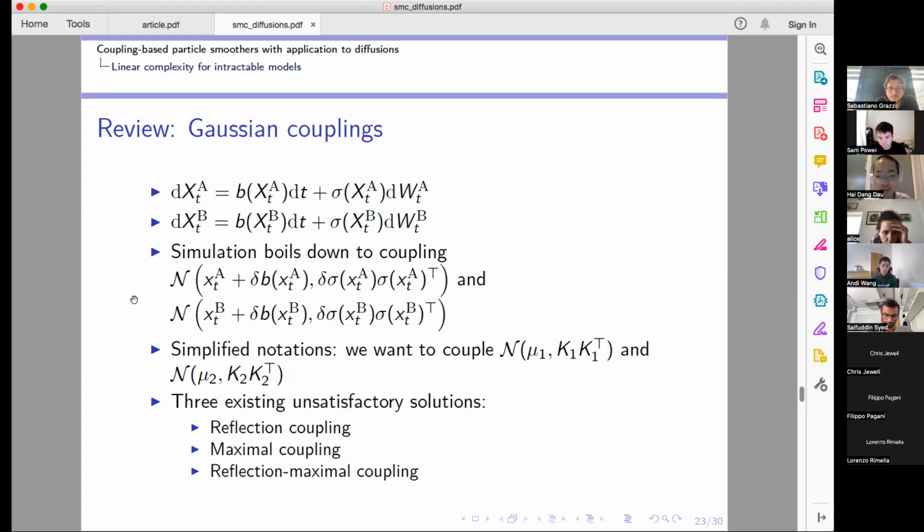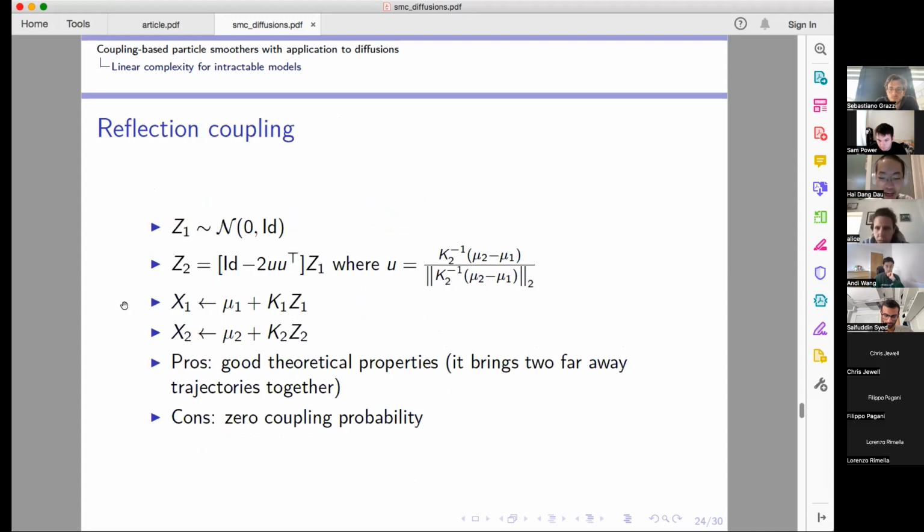First I will cover rapidly three solutions that are unsatisfactory, and then I will give our solution for this. The first one is a reflection coupling, which I have shown you before. You simulate H1 from a standard normal, and H2 is a reflection of H1 through an appropriately defined plane.